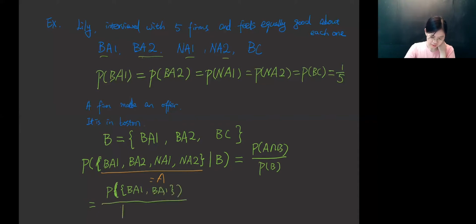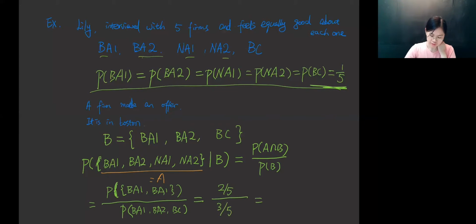And the set B is the three Boston firms. Using this equal probability setup, we find that P of A and B is 2 over 5, and the probability of B is 3 over 5. And the conditional probability of the firm being an accounting firm, given that it is located in Boston, turns out to be 2/3.